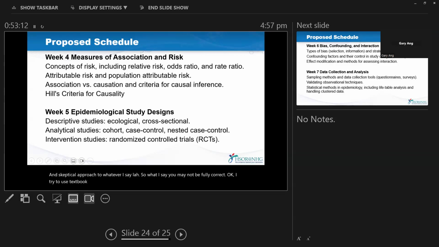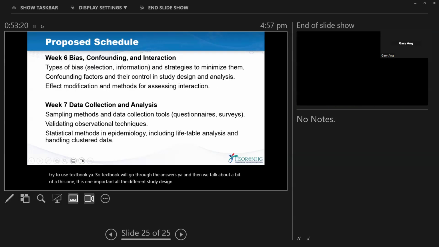So textbook, we'll go through the answers. And then we'll talk a bit about this one. This is important: all the different study designs. And then the biases. Don't let it scare you off. So the different types of biases. And then data collection again, regarding how do you validate observational studies, techniques.